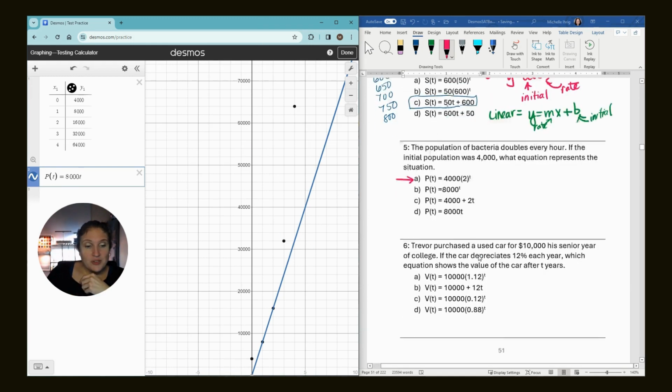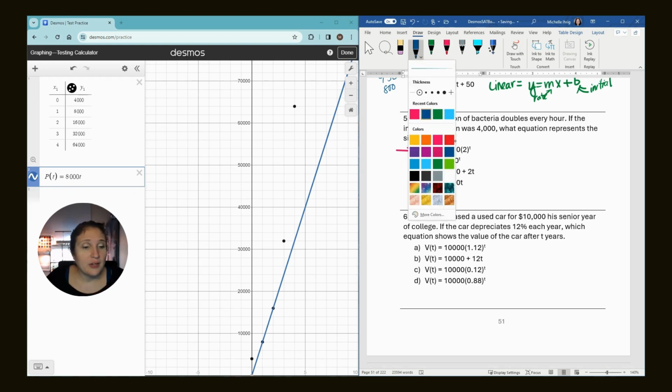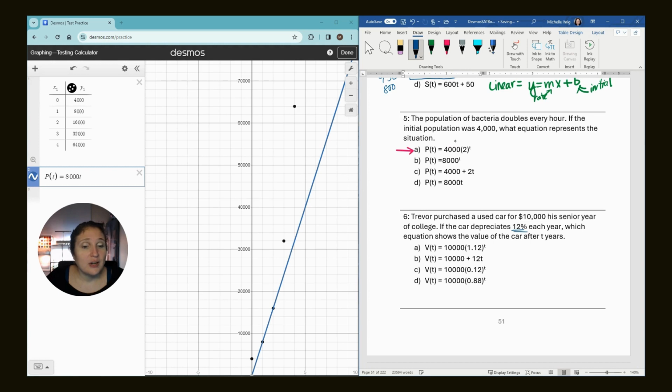All right, Trevor purchases a car for $10,000 his senior year. If the car depreciates, you just have to remember depreciates is going to be exponential. Okay. If it goes down 12% each year, what is the equation to show the value of the car after T years? So this is kind of where the trickiness comes in.